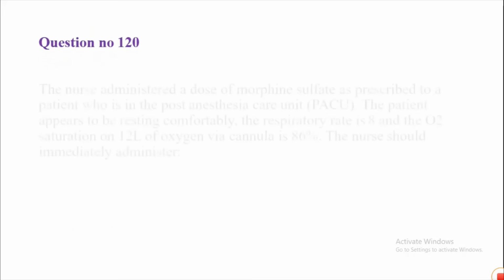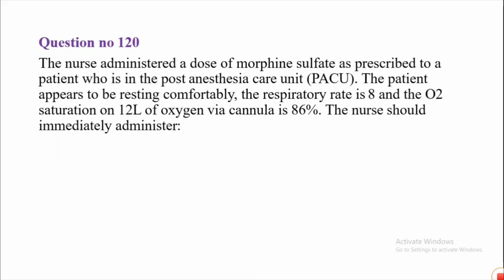Question number 120. The nurse administered a dose of morphine sulfate as prescribed to a patient who is in the post-anesthesia care unit. The patient appears to be resting comfortably. The respiratory rate is 8 and the oxygen saturation on 12 liters of oxygen via nasal cannula is 86%.